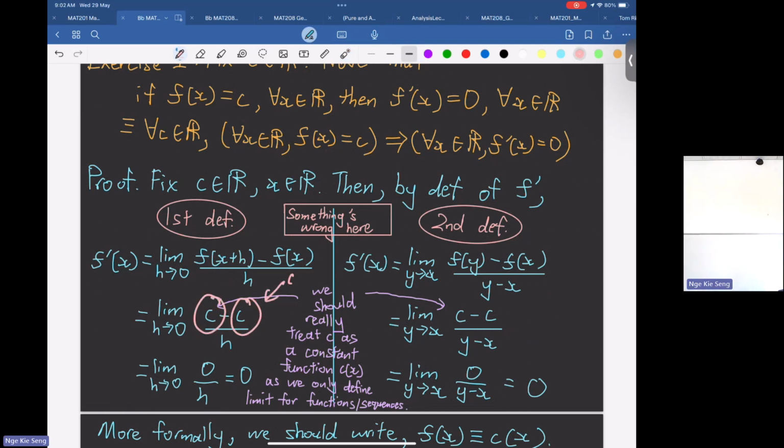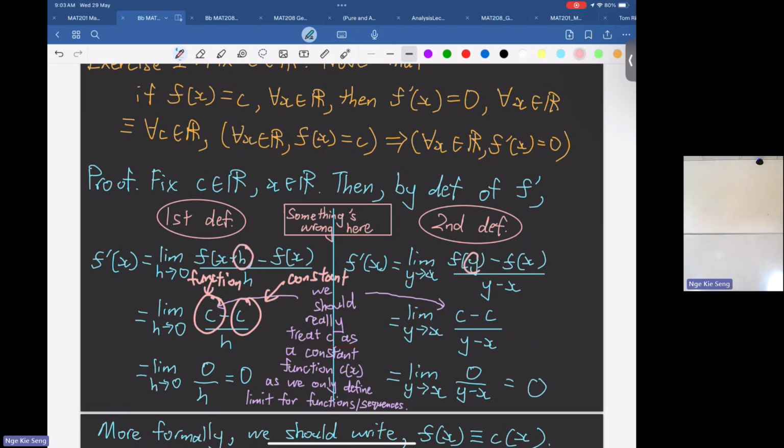So this one is a constant. This one is a function. Why do you say so, Jack? The first one, this h is a variable, right?